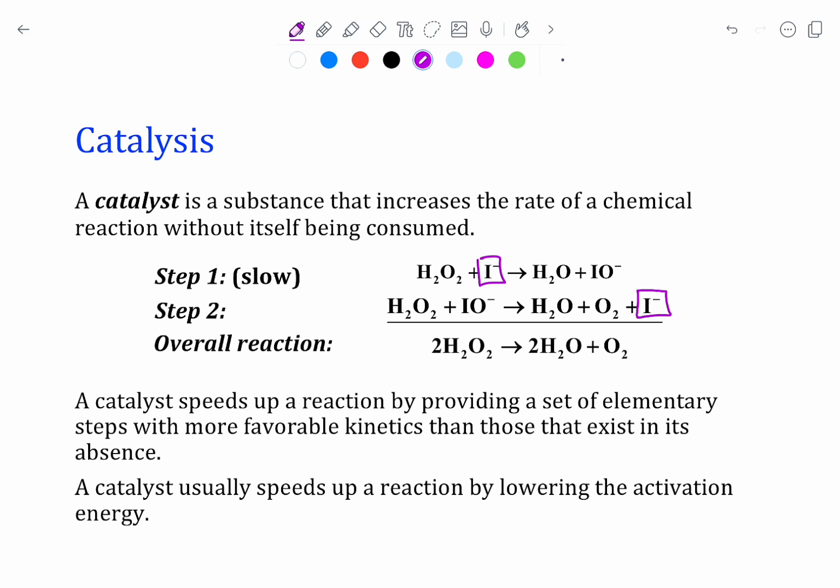A catalyst will speed up a reaction by providing a set of elementary steps with more favorable kinetics than those that exist in its absence. Specifically, the catalyst will speed up the reaction by lowering the activation energy. So if our activation energy is much lower, it's more favorable to follow that reaction path.